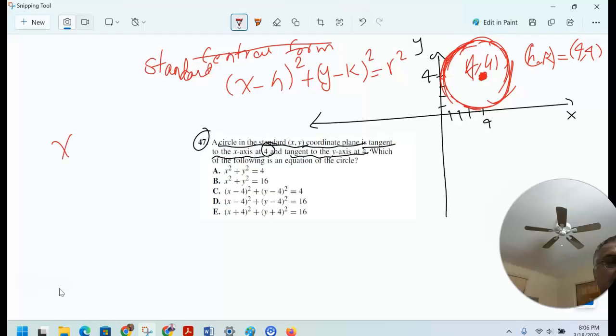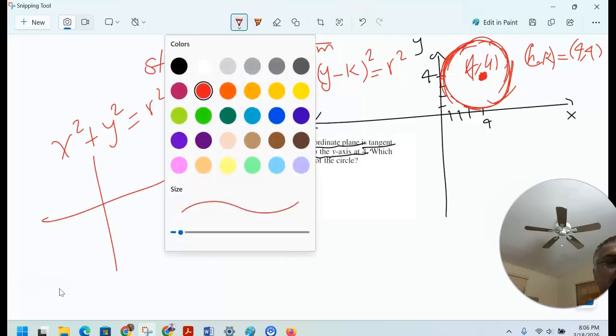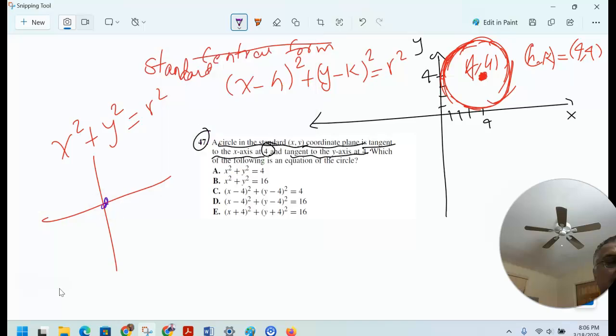If you just write x square plus y square equals r square, it means the center is at the origin, where it is 0 and 0.